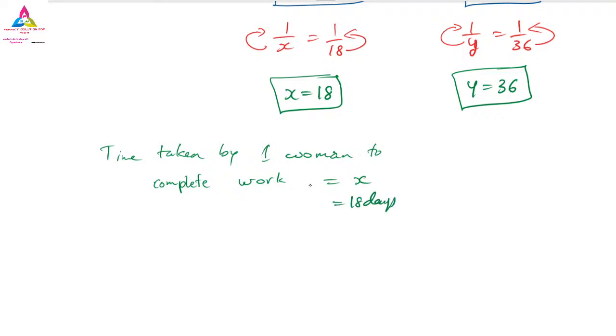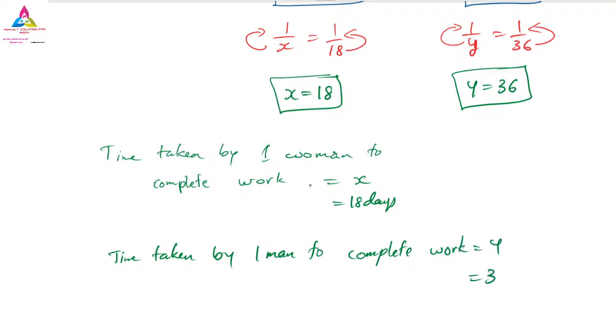So the women are much faster than the men. Time taken by one man to complete the work is y, equal to 36 days. This is the final answer. The number of days was given and we have found how many days are required to complete the same work.